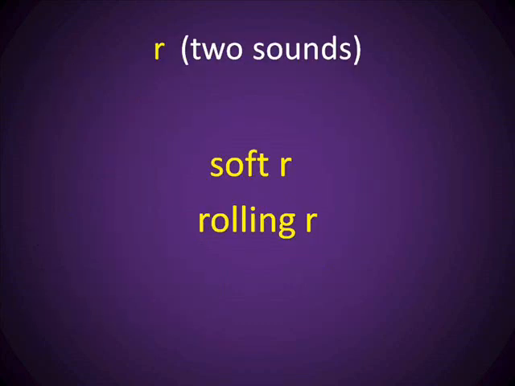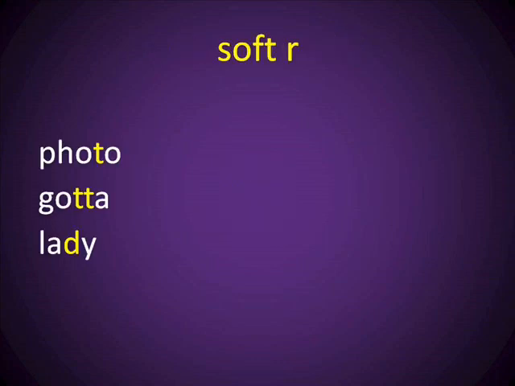The Spanish R has two sounds, and it's probably one of the letters that gives more headaches to English speakers. Let's call the first one the soft R and the second one the rolling R. How can you get the soft R sound? Pay attention to the letters in yellow.